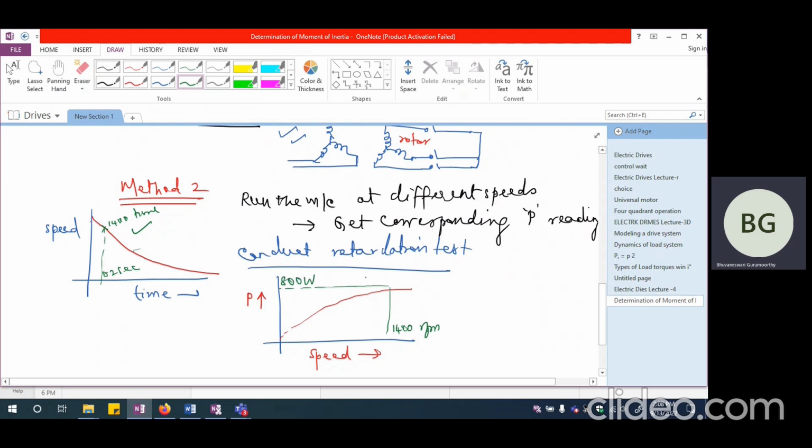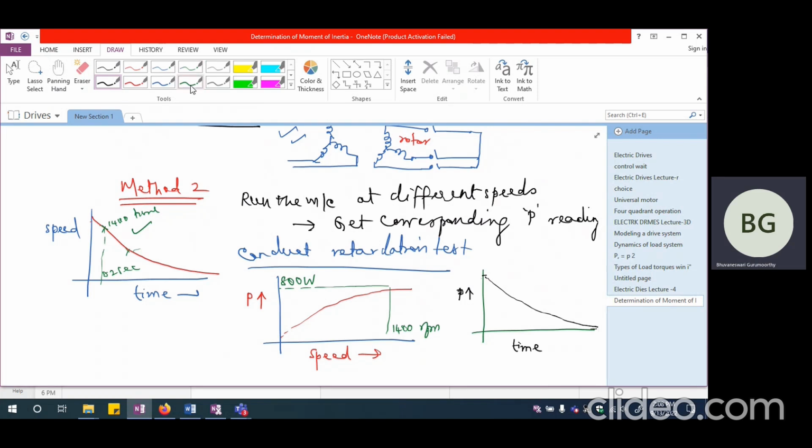I'm just taking some arbitrary value. So like this, for every other speed, I should be able to get the power loss, and I should be able to plot the power loss with respect to time. Maybe when the speed is high, the power loss would also have been high and it would slowly come down to zero. So this is the kind of plot I'm getting for power loss versus time.